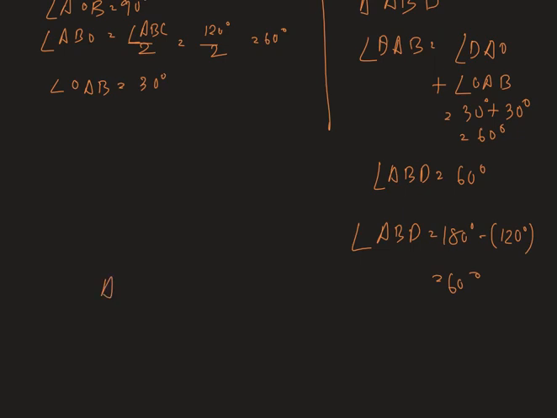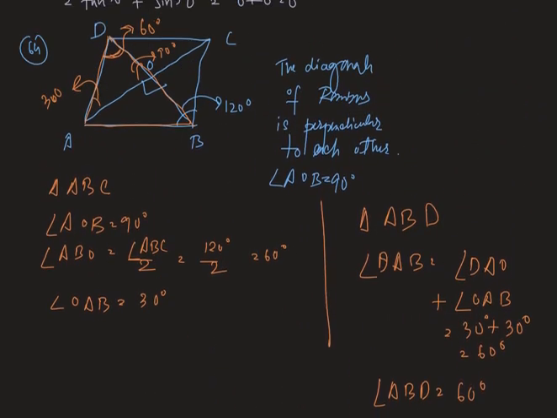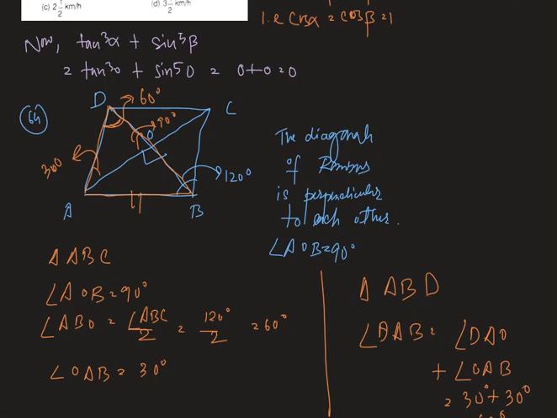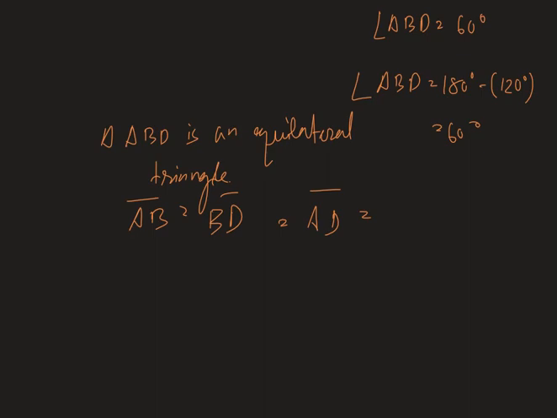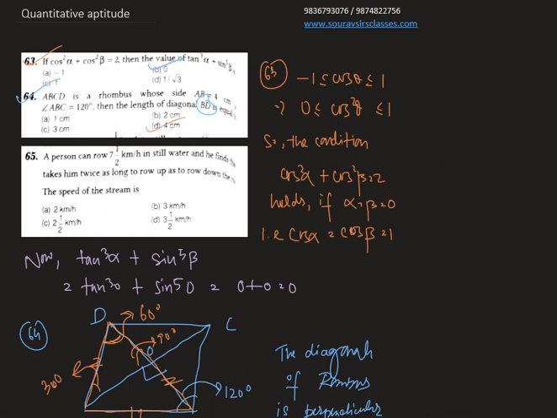So triangle ABD is an equilateral triangle. So the side AB is equals to BD is equals to AD, and we already know by the question that AB and AD is equals to 4, therefore BD is also equals to 4. So the length of the diagonal is 4 centimeter.